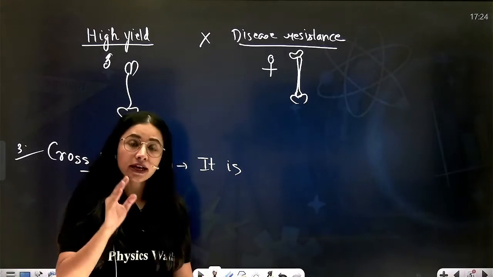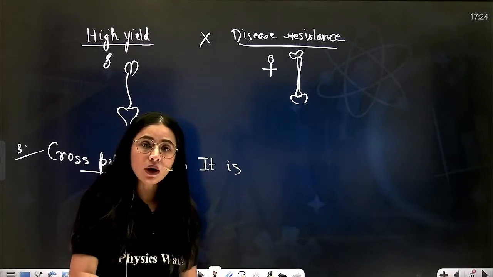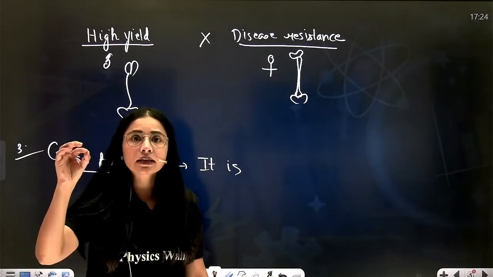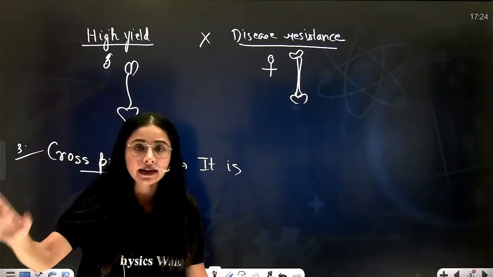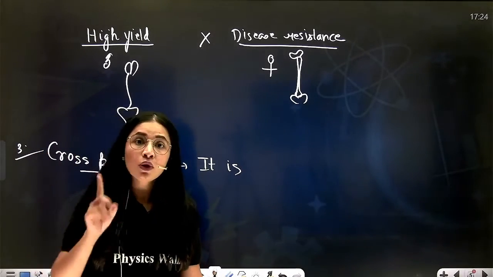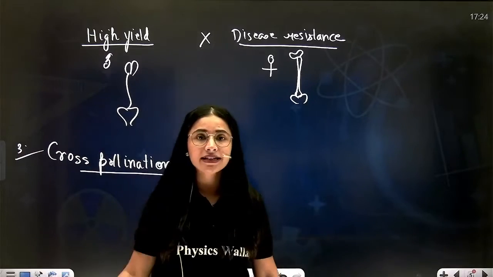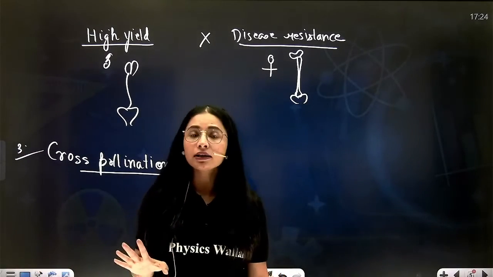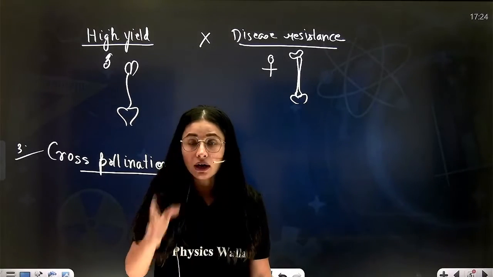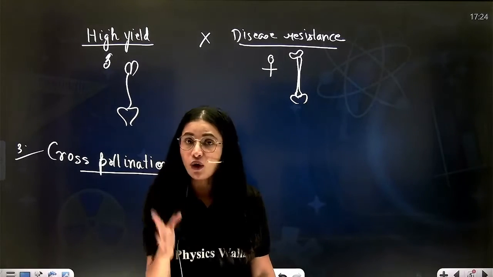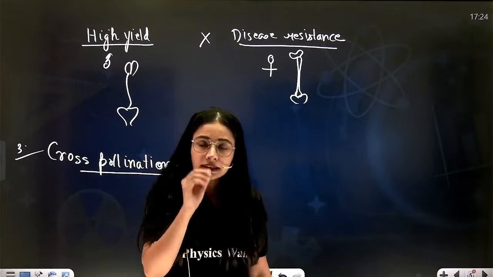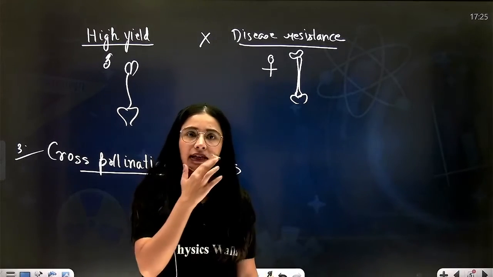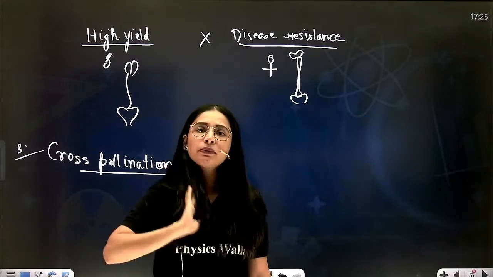Because you have to ensure that the correct pollen grain of the desired variety lands on the correct stigma of the desired quality. No contamination should take place while performing this third step. So it becomes a very hard step, and the scientist has to be very concentrated. Right? A little bit of error, your whole experiment will go to waste. A little bit of contamination, the whole experiment will become of no use.